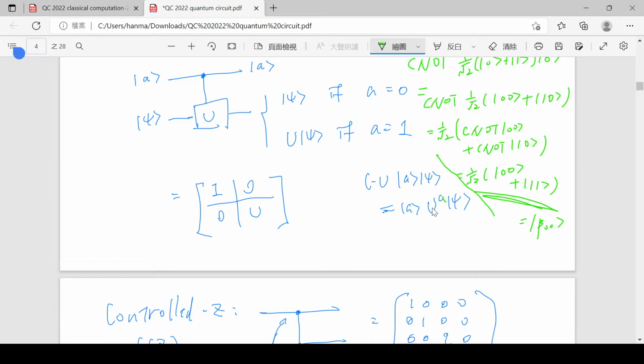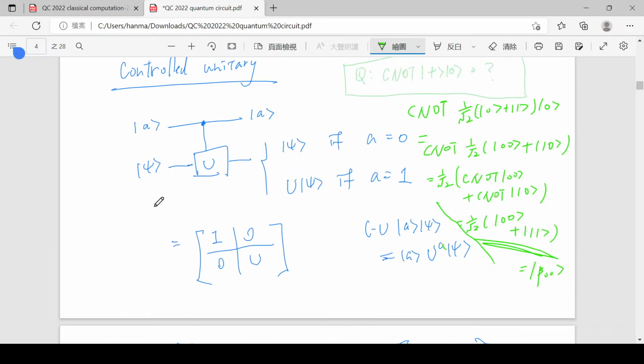So U to the 0 power is identity, and U to the 1 power is U. So that's a very general controlled U.